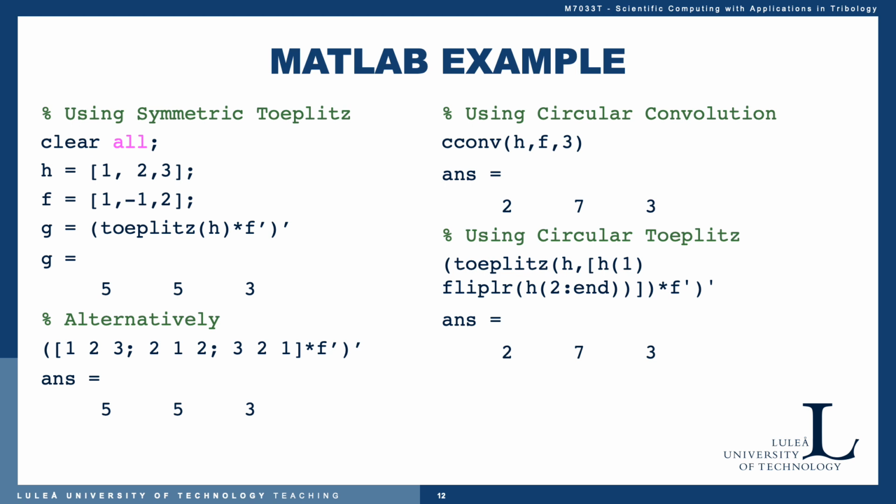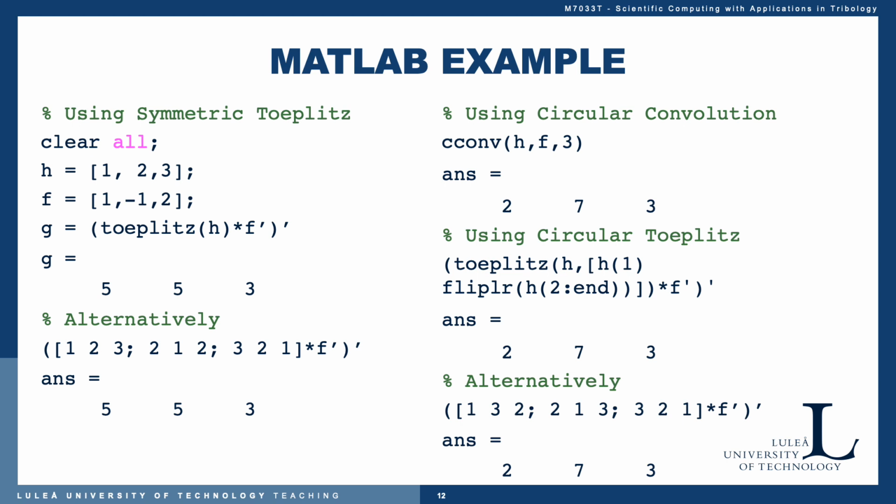It's a little bit tricky here, but having H, we can take H and a swapped order version of H and give those two as arguments to the Toeplitz function in MATLAB, and then we generate the same matrix as we know we would have for a circular convolution, and therefore the result will be the same when we multiply it with F: 273. Again, alternatively, we could define it explicitly like we did before.